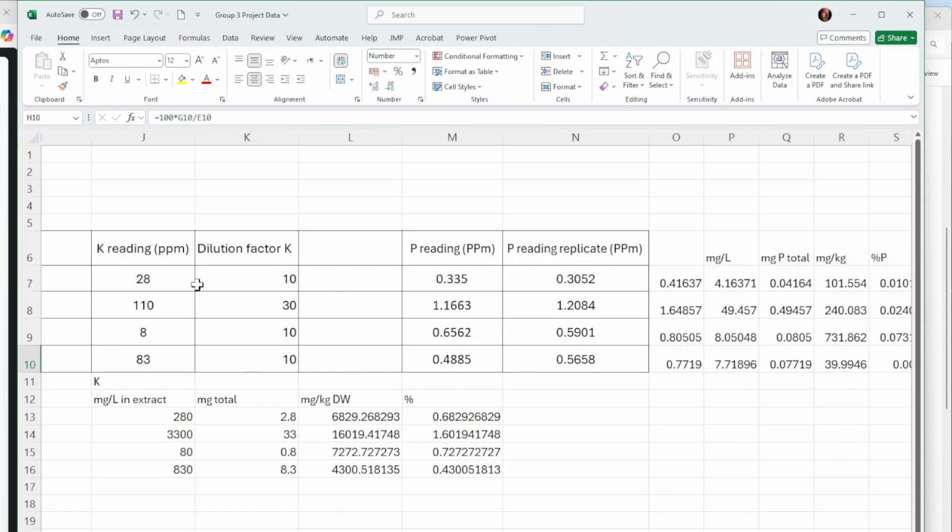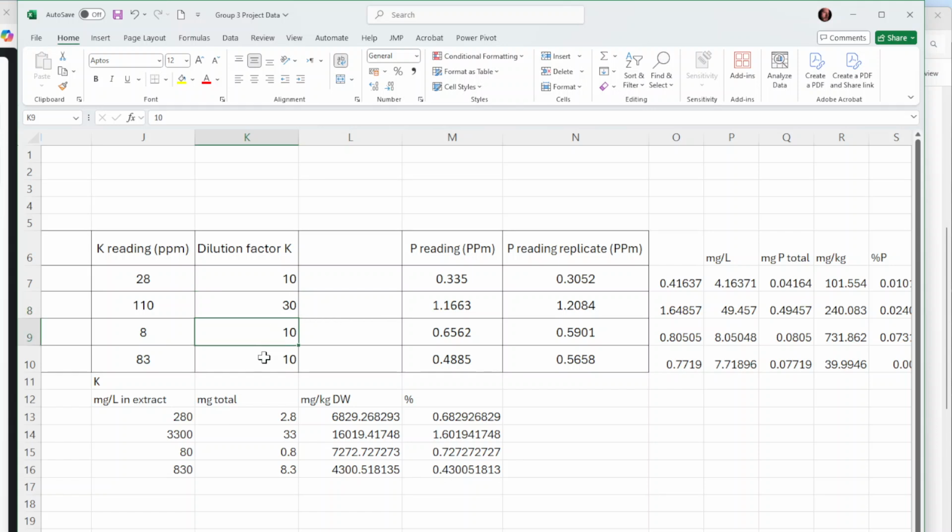Next thing you have is the potassium reading. The potassium reading here is shown in ppm, but you have the dilution. First, the dilution for this first treatment was 10 times. The second one was 30 times. This is the number that you gave me. If it's incorrect, you can adjust this.